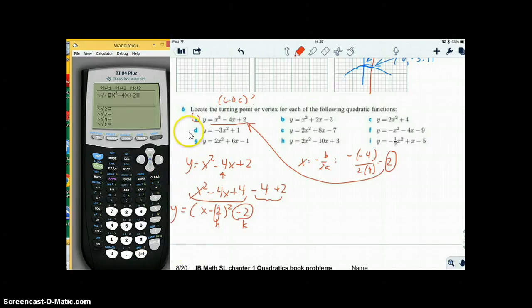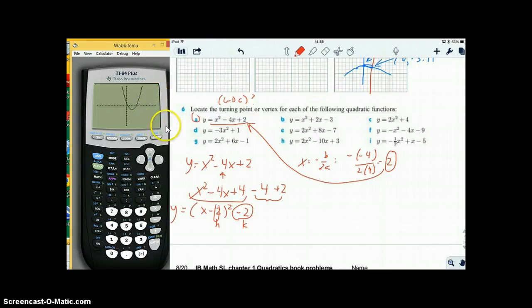Okay, and then we do graph. No, that's kind of out of the screen, so we'll go zoom, zoom standard, which is 6. That's better. Graph again. Okay, that's better. And so now we've graphed it.